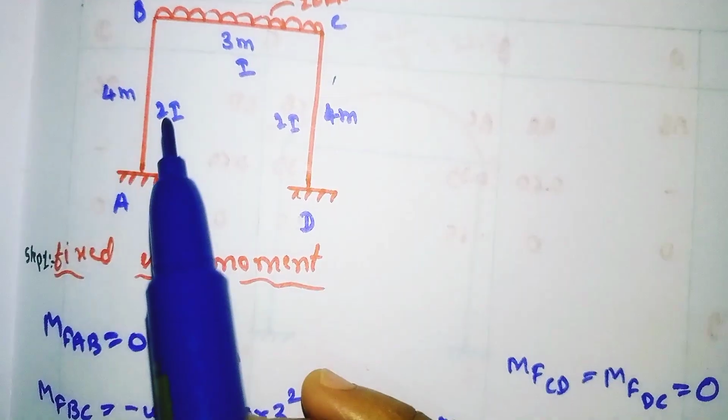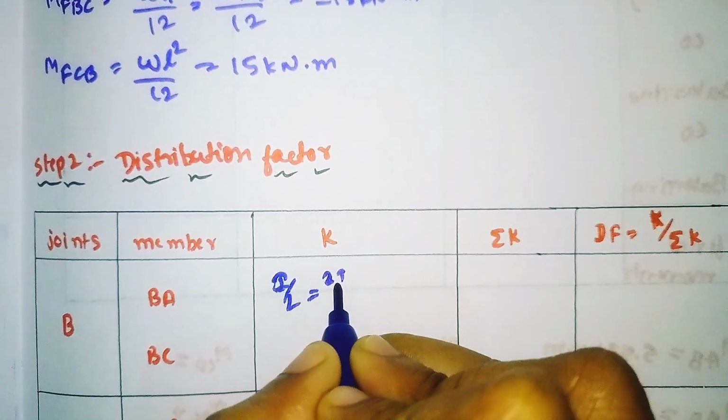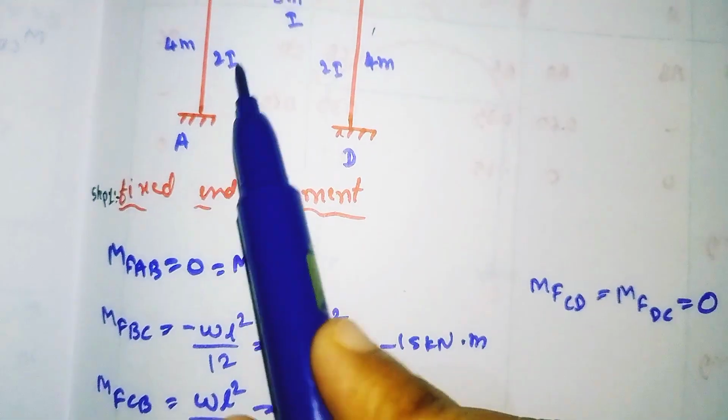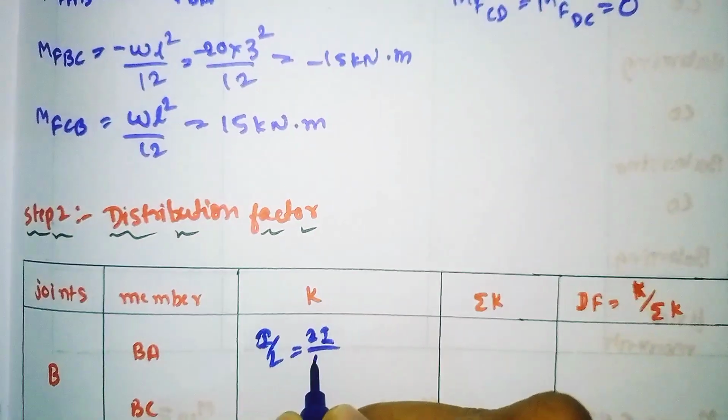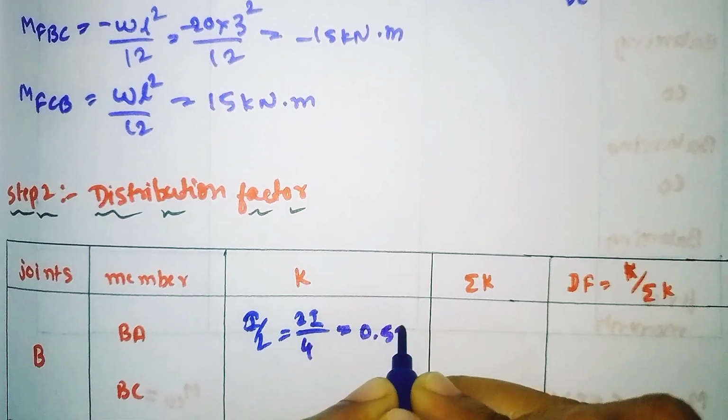So for span AB, we have the I value 2I. Substitute 2I divided by our L, the length, which is 4 meter. Simplify this, it will come out as 0.5I.